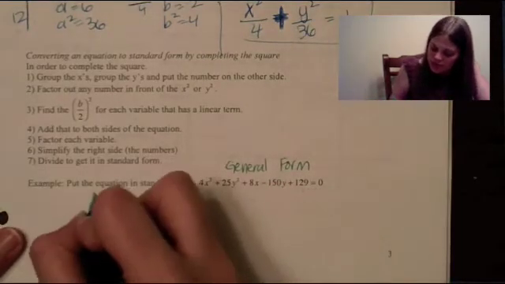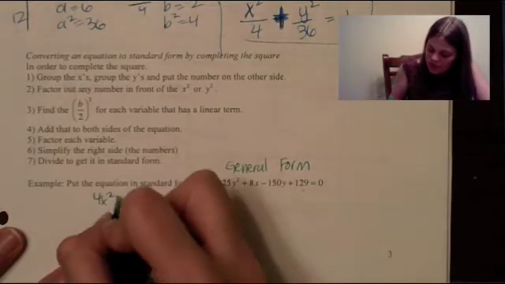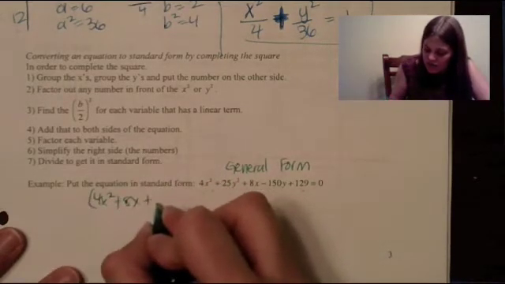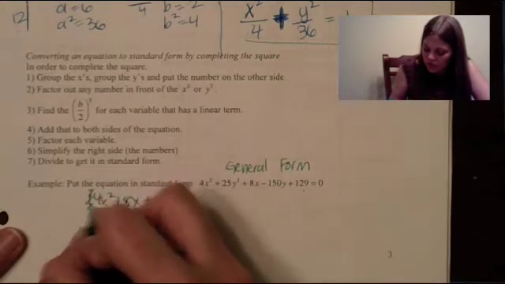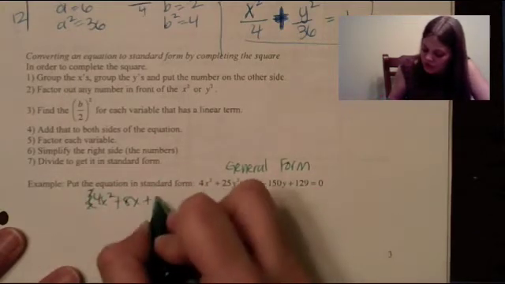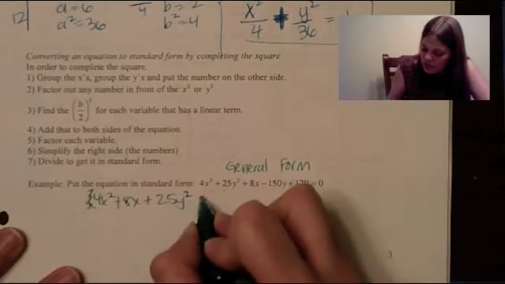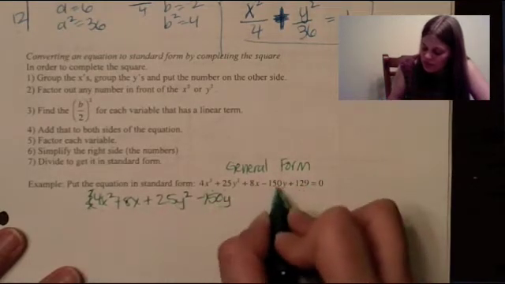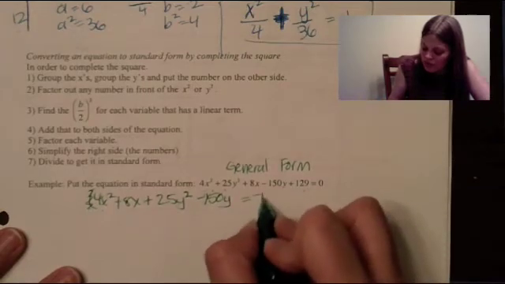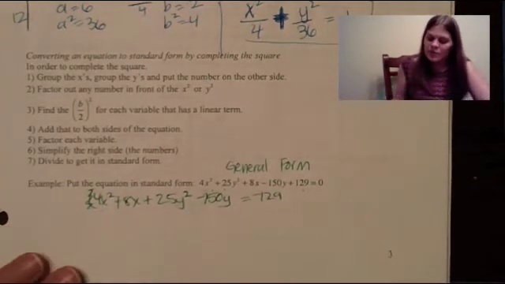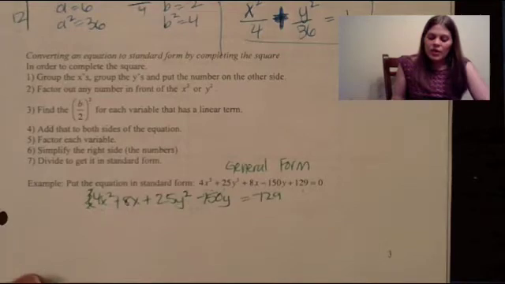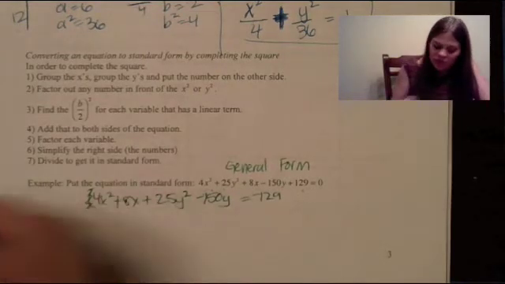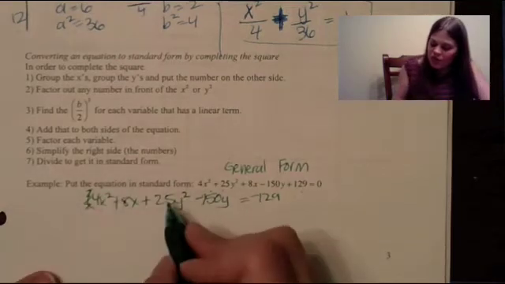So this turns into 4x squared plus 8x, I grouped the x's, plus 25y squared minus 150y. Group the x's, group the y's, and put the number on the other side. So I'm going to put negative 129 on the other side. The next thing you're going to do is factor out any number in front of your x squared or your y squared.